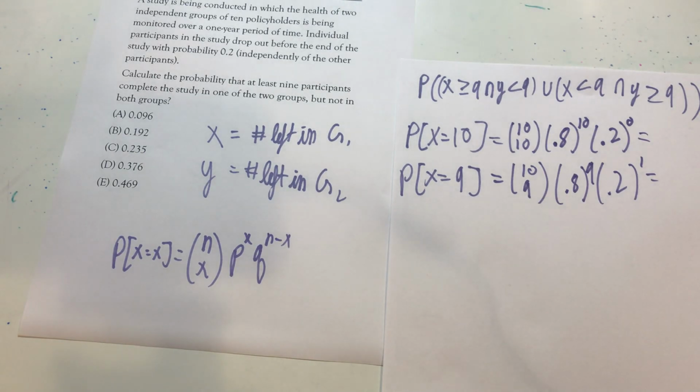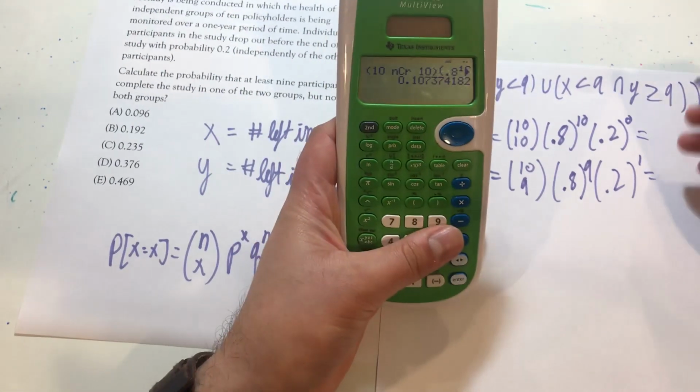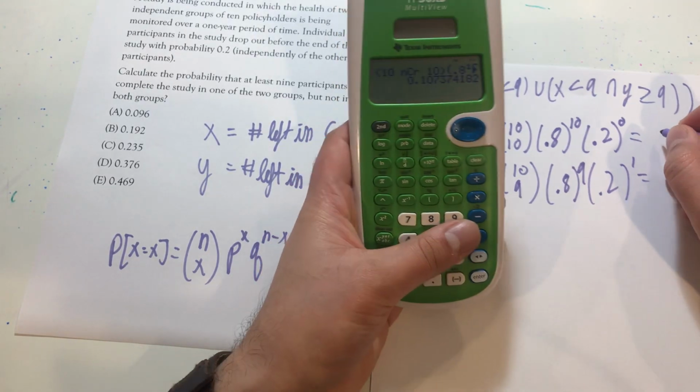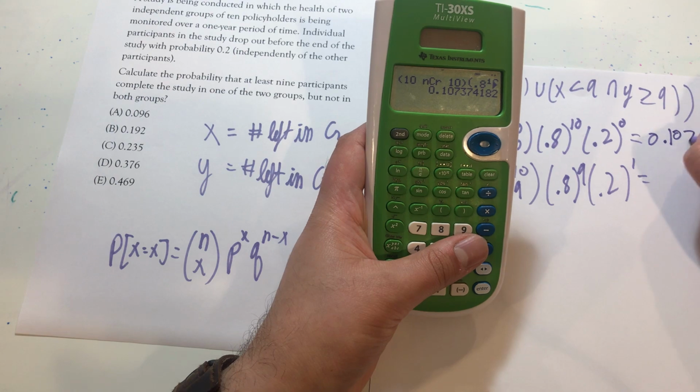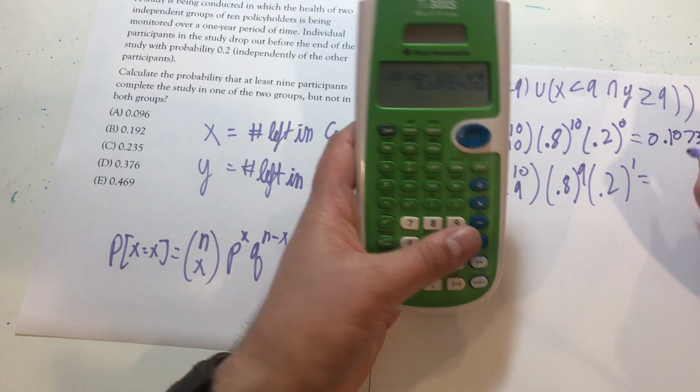So let's see. 10 choose 10 times 0.8 to the 10th times 0.2 to the 0 is equal to 0.10737.